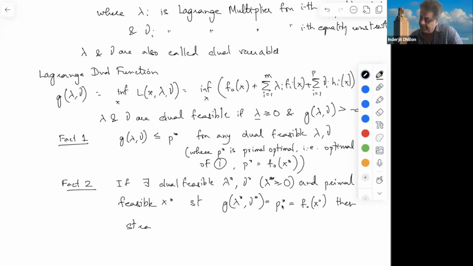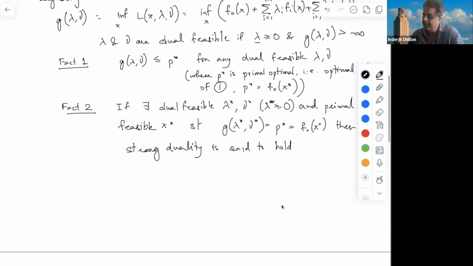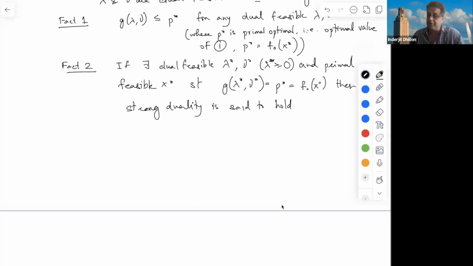Then strong duality is said to hold. So far I've just reviewed material from last time. Now let's start with the new material.